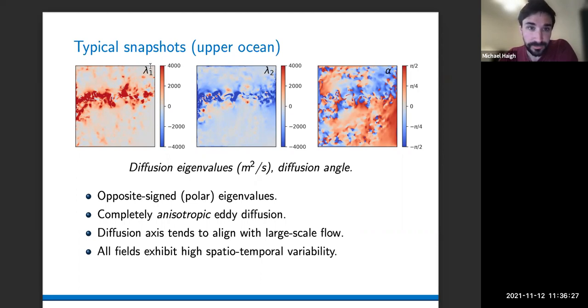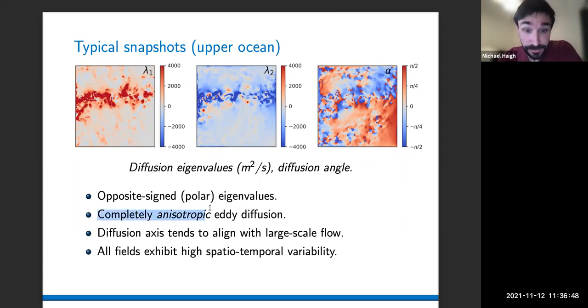This means that the first eigenvalue represents a tendency to induce a down gradient eddy diffusion flux in the direction of the diffusion axis. That the second eigenvalue is negative represents a tendency to induce an up gradient flux in the direction perpendicular to this one.